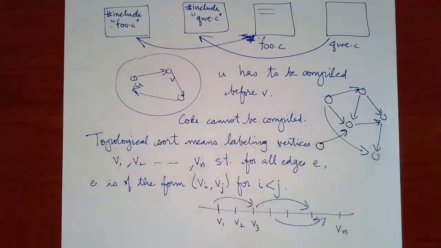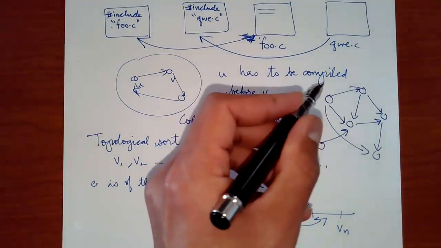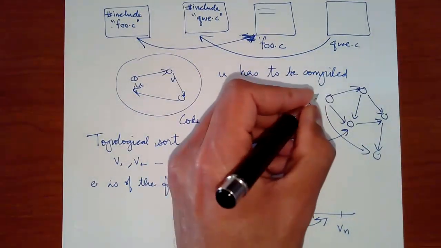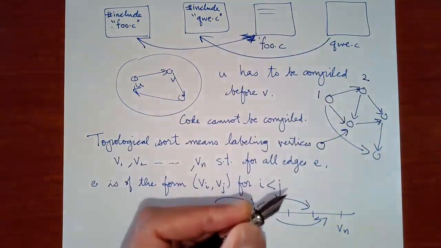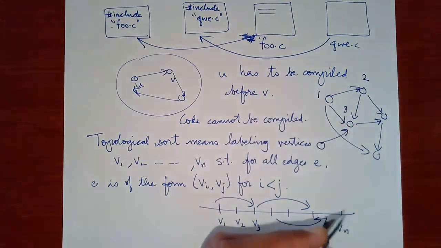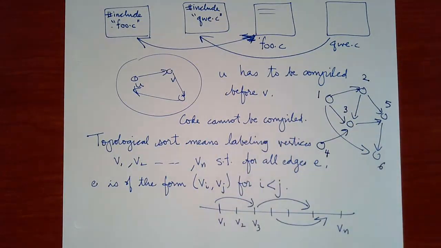So for example, in this case, a topological sort could be given by labeling the vertices 1 to 6. I could label this 1, then this is 2, 3, 4, 5, and 6.